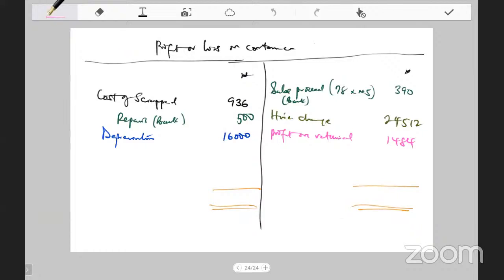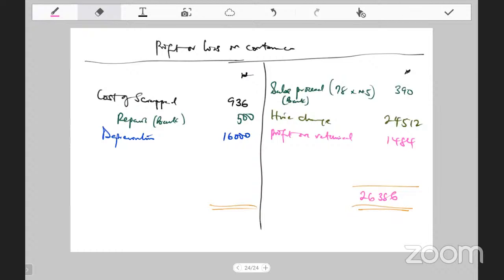What's the total here? 390 plus 24,512 plus 1,484. What's the total? That's 26,386.